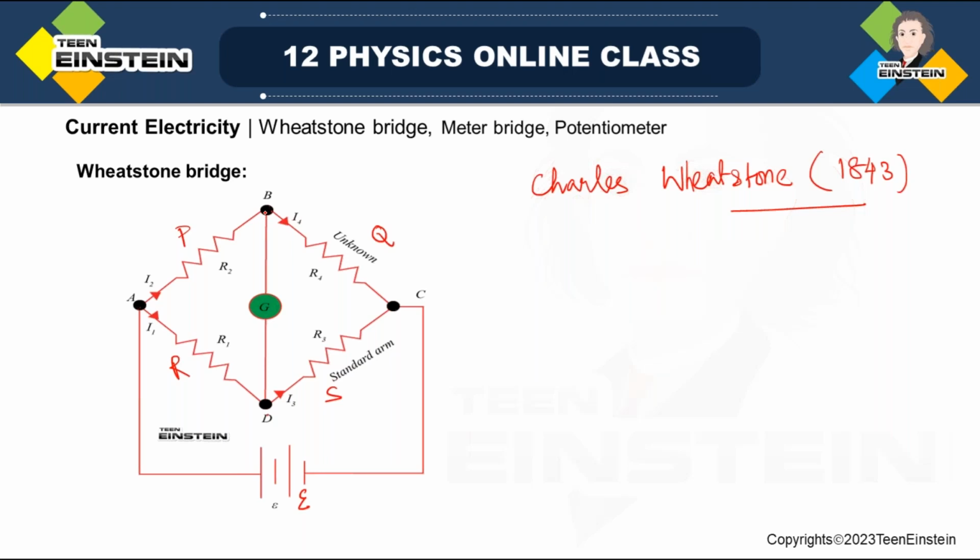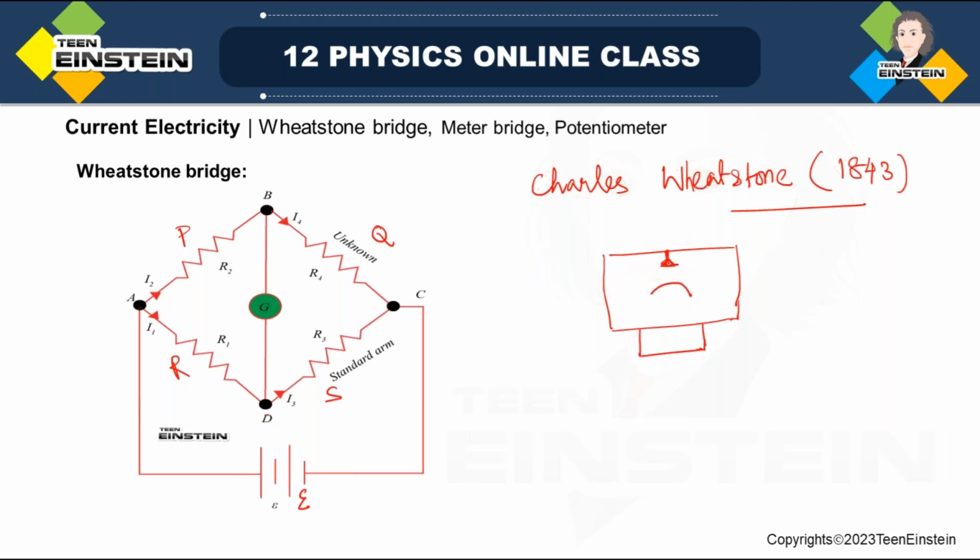Okay. See, generally in a galvanometer there will be an arrow. It generally looks like this kind of an analog panel. So this will be the zero neutral line.